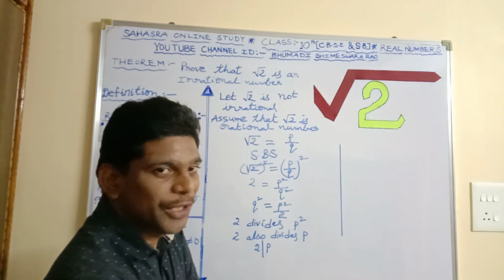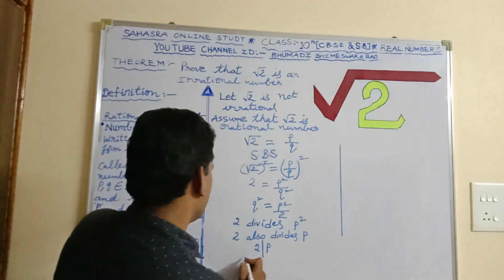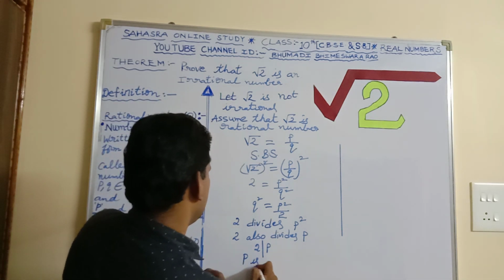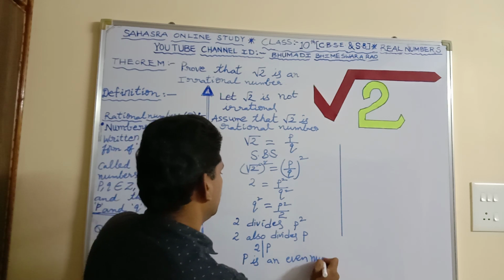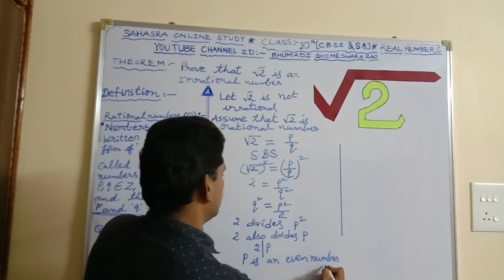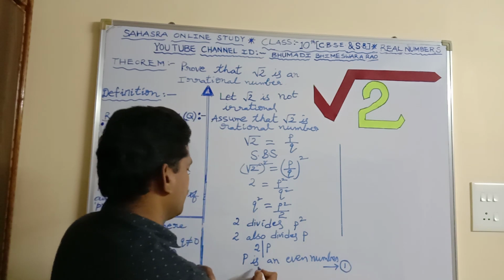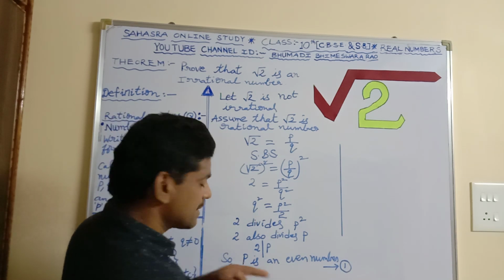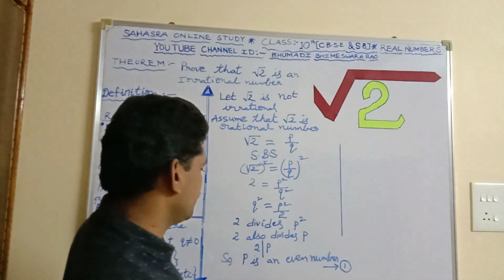So clearly we notice that p is an even number. Do you know the general form of an even number?